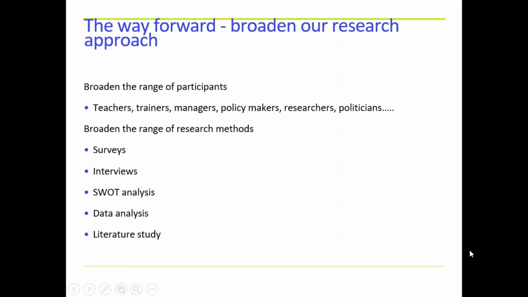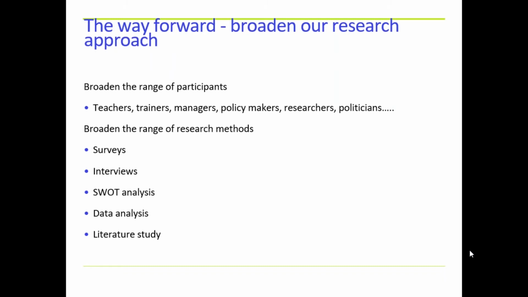But I think we'd probably learn more from those people. So think again who exactly our target groups are, possibly broadening the range of participants, and also recognizing the limitations of COVID.